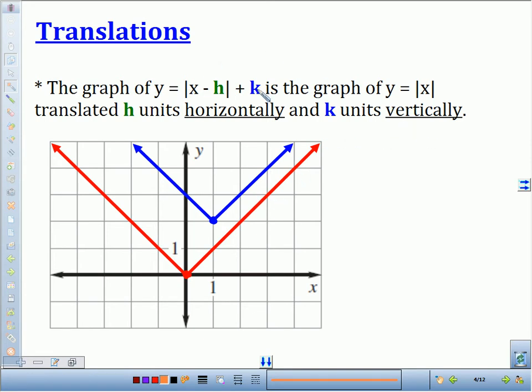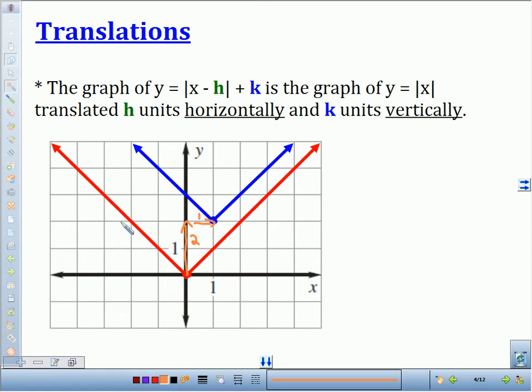So when we're looking at the equation of an absolute value function, we can tell how far it moves left and right by looking at h, and how far it moves up and down by looking at k. Now, in our example here, if I start from my vertex, which is where I always want to start, I can see that my graph moved up 2 and to the right 1.